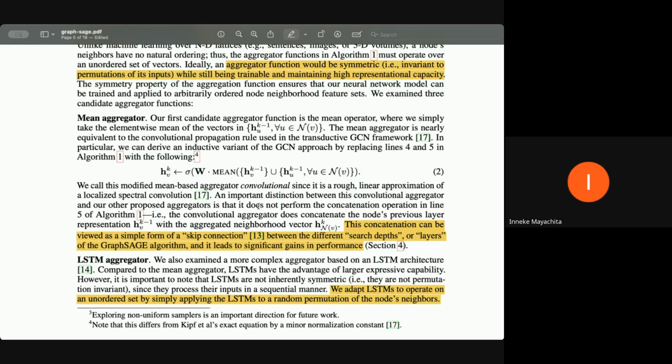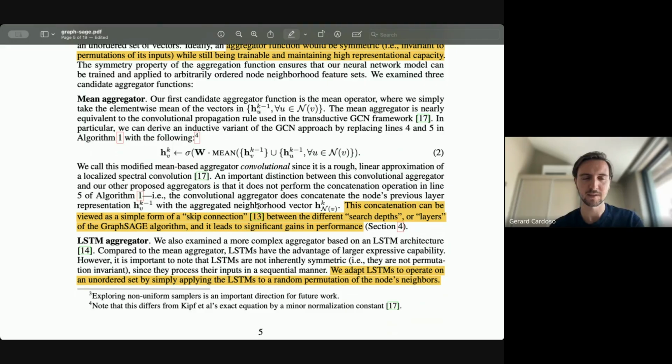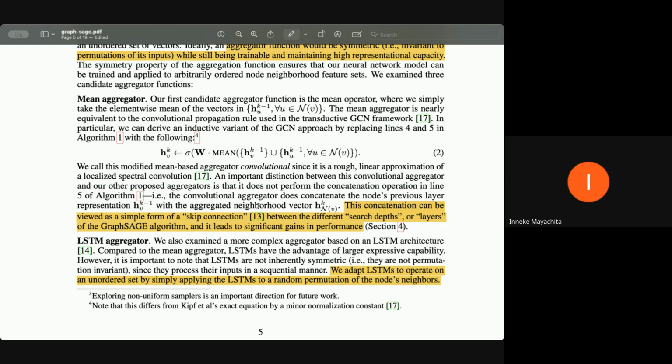They didn't mention it explicitly. If I imagine a skip connection, then you might want to reach further nodes, but not aggregate all the nodes that lead to far away neighbors.